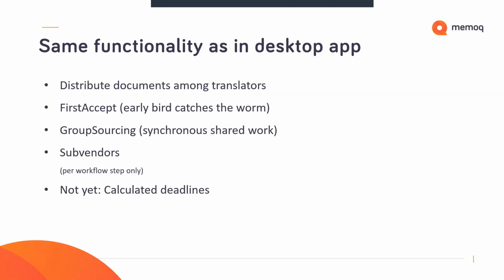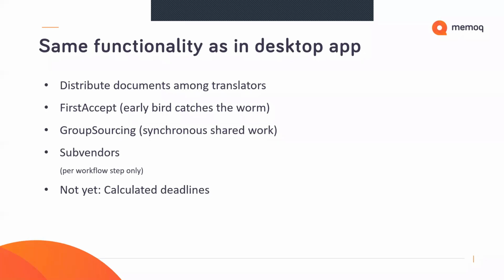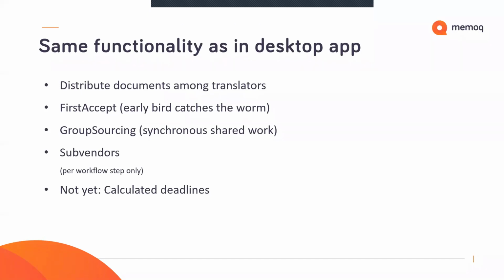There is group sourcing, where a bunch of users can work on the same document at the same time, synchronously. There are sub-vendors, which is a subset of users within the server that are hidden from the server admin. And calculated deadlines are not yet introduced on the web.